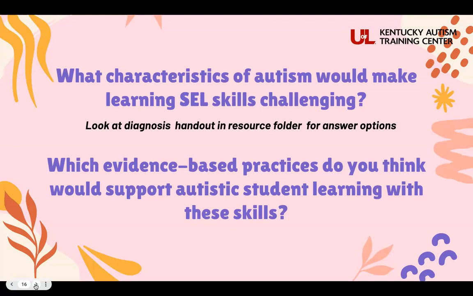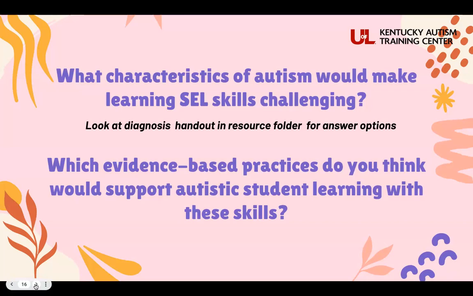Otherwise, they don't usually have the foundation to be able to learn this on their own. So they do need to have some explicit instruction. And as you saw from the video, the SEL model does provide that. And then also multiple perspectives is one of those areas, and that is also another area of challenge for autistic individuals.